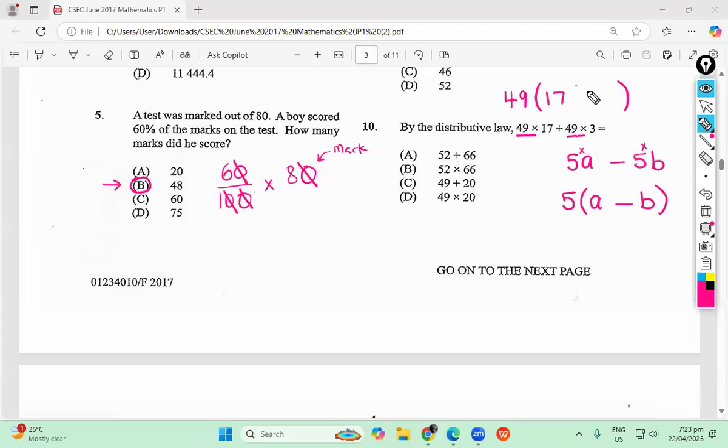So you're left with 17 plus 3. So you end up with 49, 20, because 17 plus 3 is 20. And what is there in between here and here? There's a secret multiply. So the answer is D, 49 multiplied by 20. It's just their answer didn't have the brackets, which you don't need for this particular case. So that's already a factorizing question in disguise.